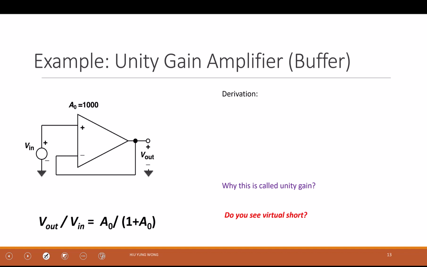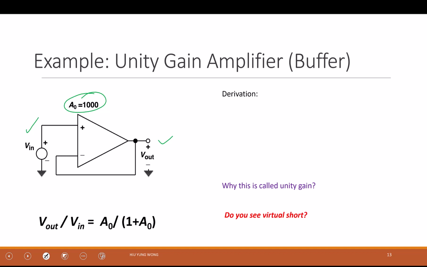This is a unity gain amplifier, the simplest amplifier we can have. We look at it carefully, I see that the gain is 1000. The input is here, the output is here. The first question is, I have a circuit, I can use KCL, KVL, but because of the op-amp, I better have an op-amp equation, otherwise I cannot solve it.